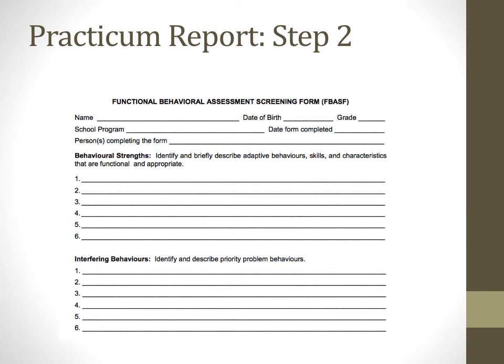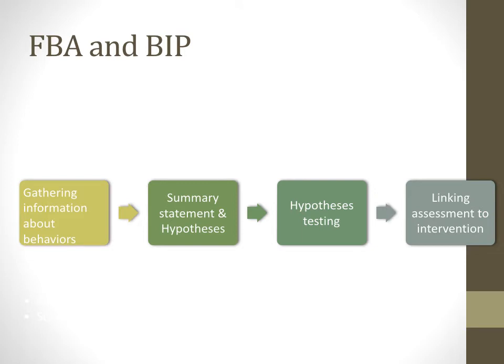Now I want to introduce this step 2 assignment. We are going to use this functional behavioral assessment screening form. The form is available online on Blackboard. As you can tell, we are in the very beginning stage. So after you get to know your students and the behavior, we are going to use this screening form. This is informal.